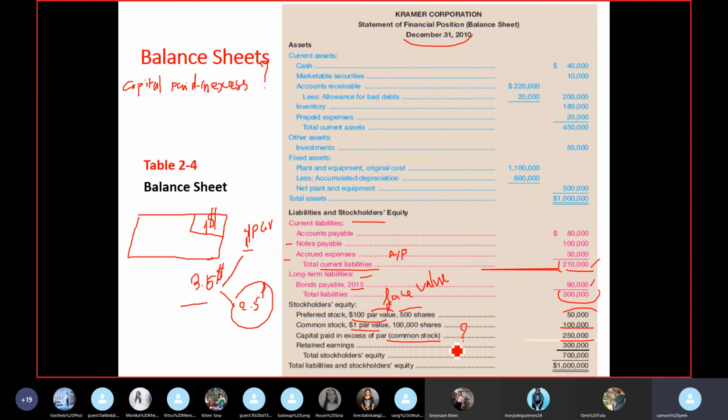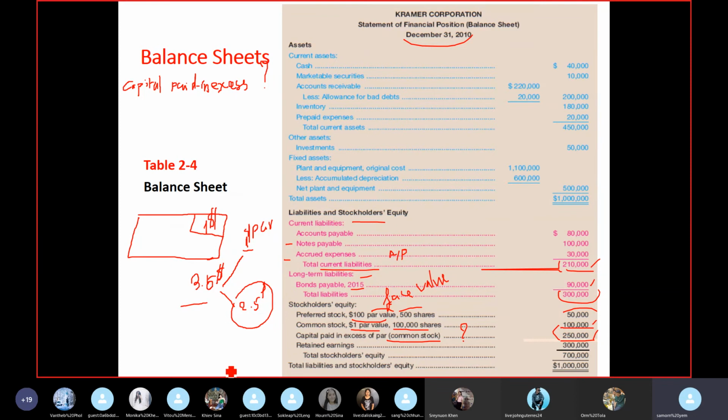It is still common stock. So 2.5 multiplied by the total 100,000 shares is $250,000. It is just divided into two parts: the par value part and the excess over par value part.